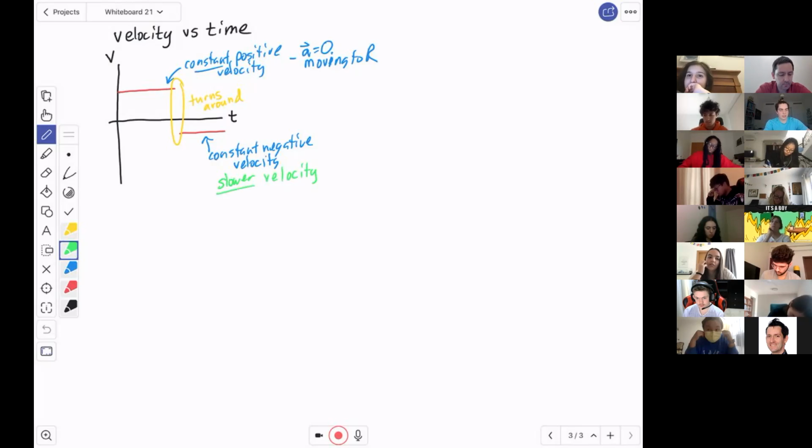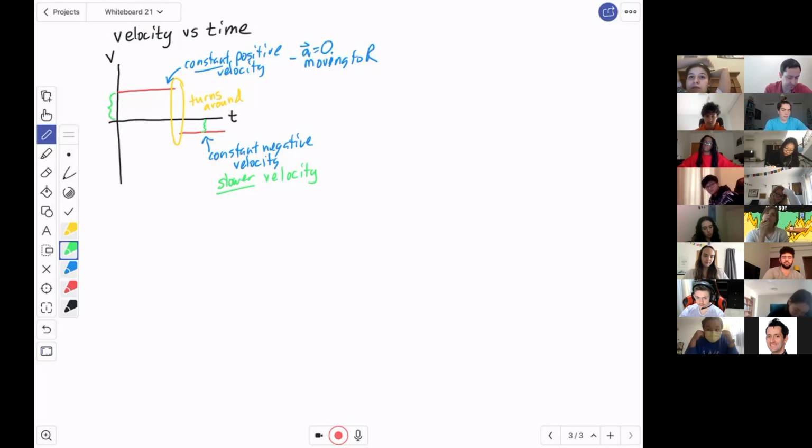So the magnitude of the velocity is greater in the first line than it is in the second line. Everybody see that? How high it is, right? It has a higher magnitude here than this one right here, which means it's going faster when it's going to the right. And then when it turns around, it's going a little bit slower.